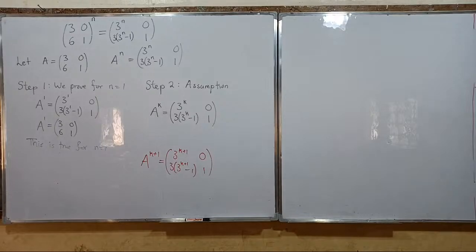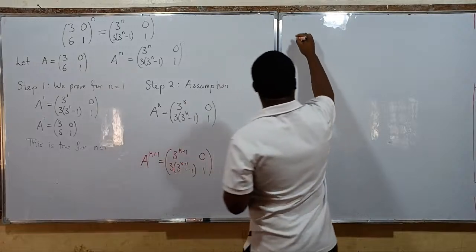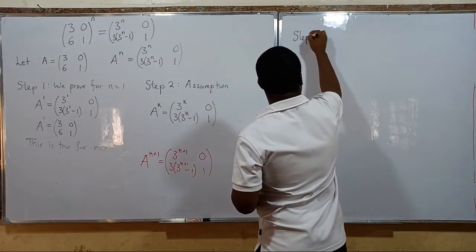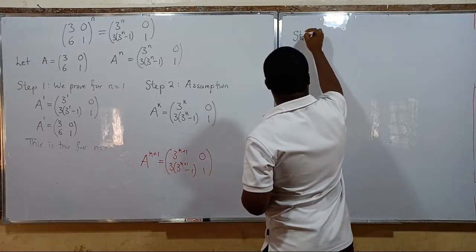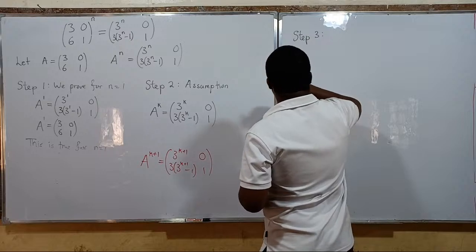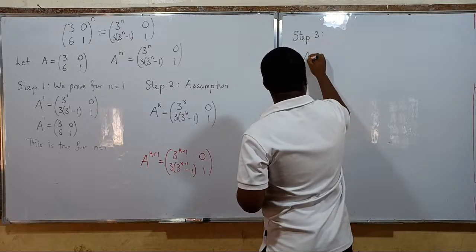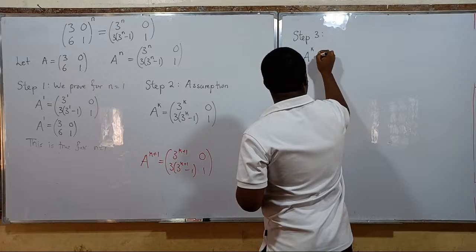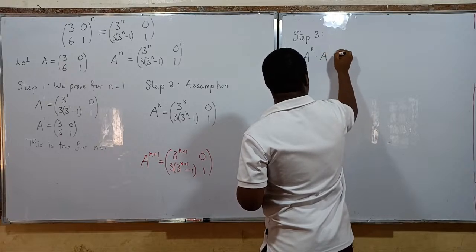So now that we have that, let's go ahead to step 3. We prove that it is true for n equals k plus 1. And how do we start it? We say A to the power k times A to the power 1.